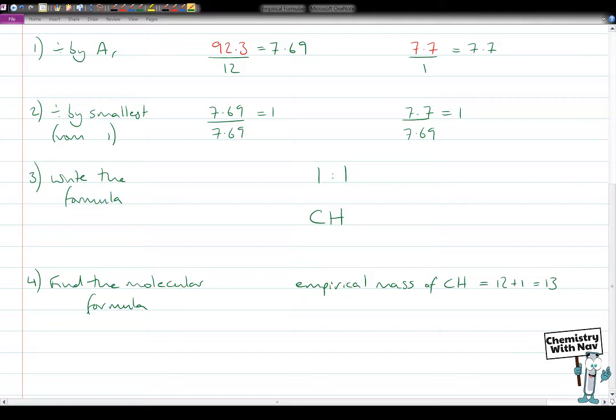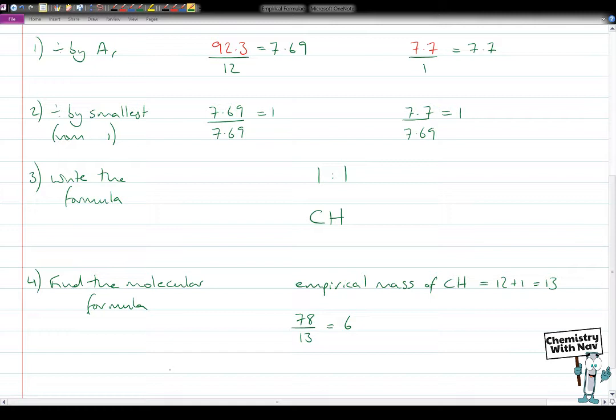So to work out how many units of that I have in the actual molecule, I take my 78 and I divide it by 13, and I should get 6.